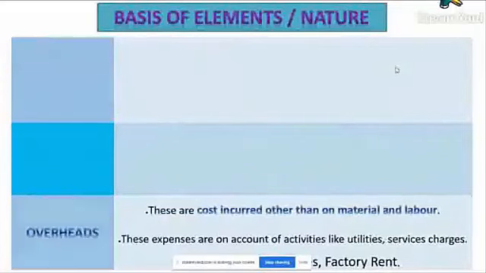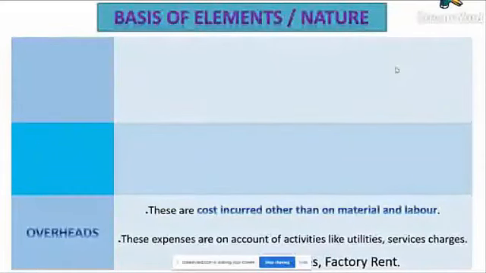Third part is overheads. These are costs incurred other than on material and labor. So it's very simple. Either it is material, or it is labor, or it is overhead. So anything other than material and labor we classify as overheads.